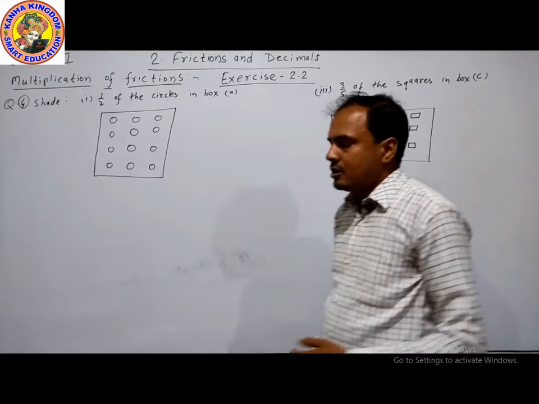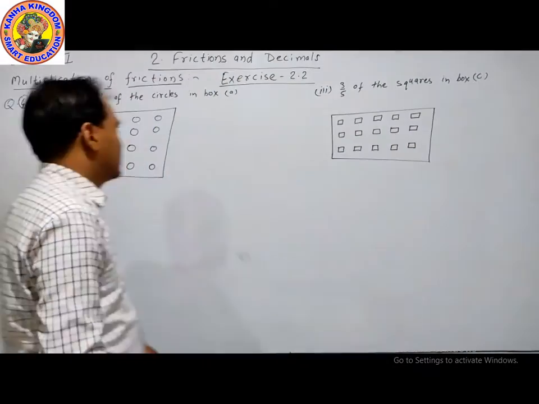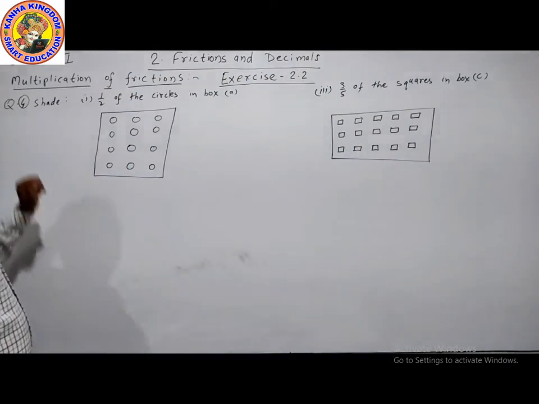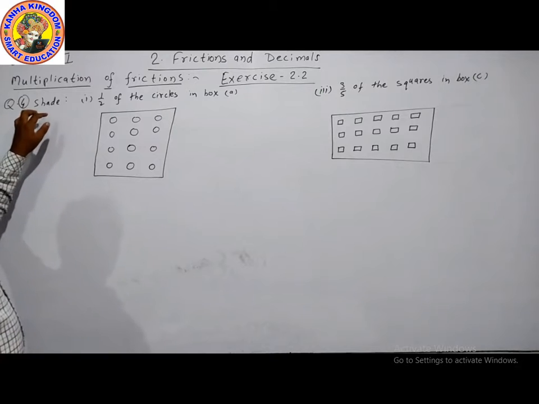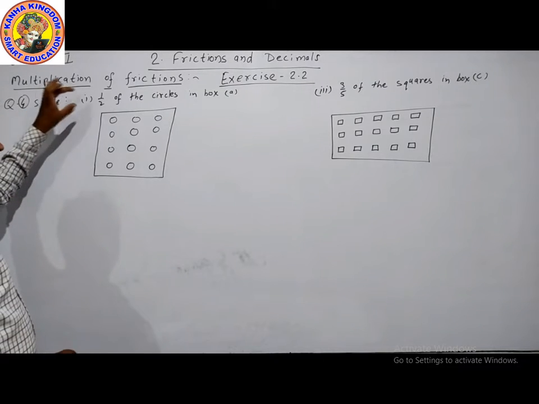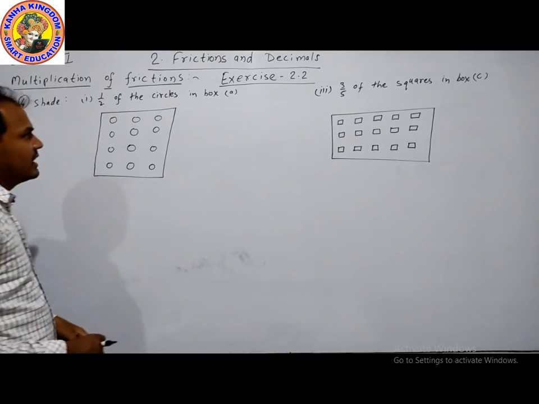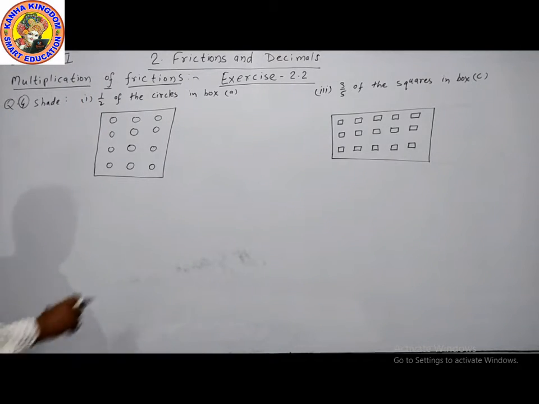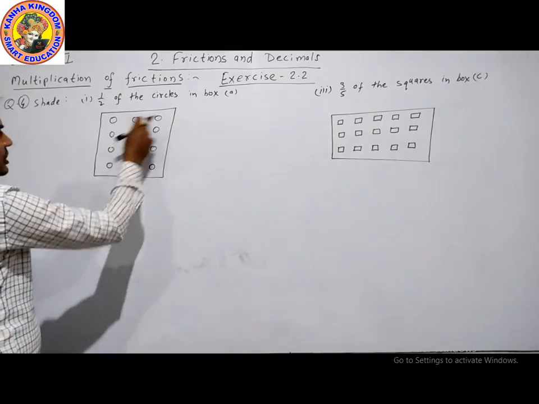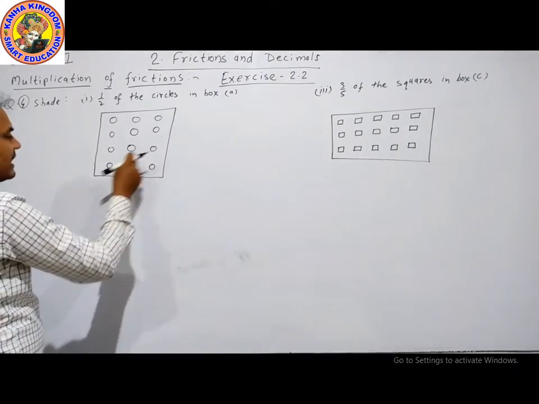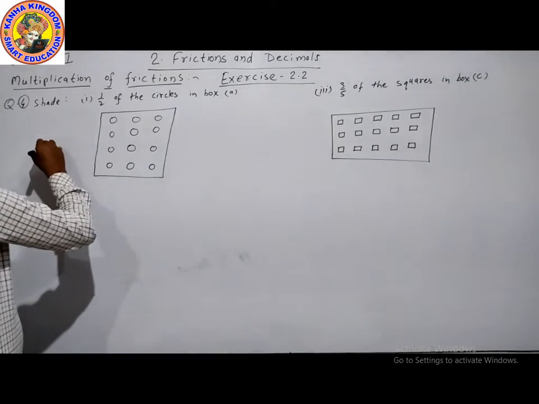So students, our next question is question number 4. It says in this diagram, half of the circles are in box A. Counting the circles: 1, 2, 3, 4, 5, 6, 7, 8, 9, 10, 11, 12.